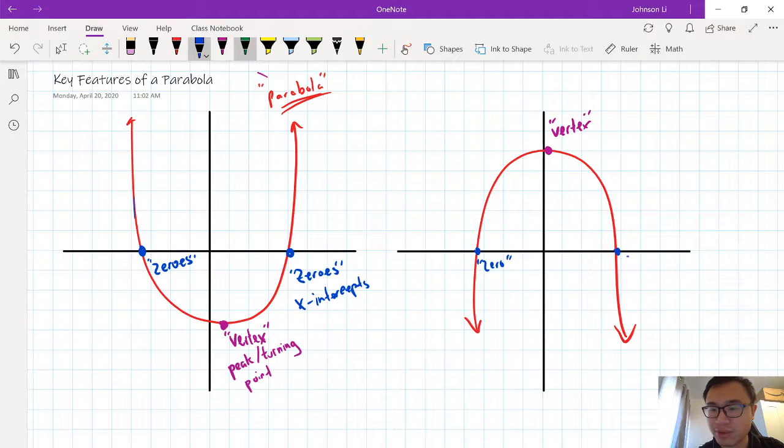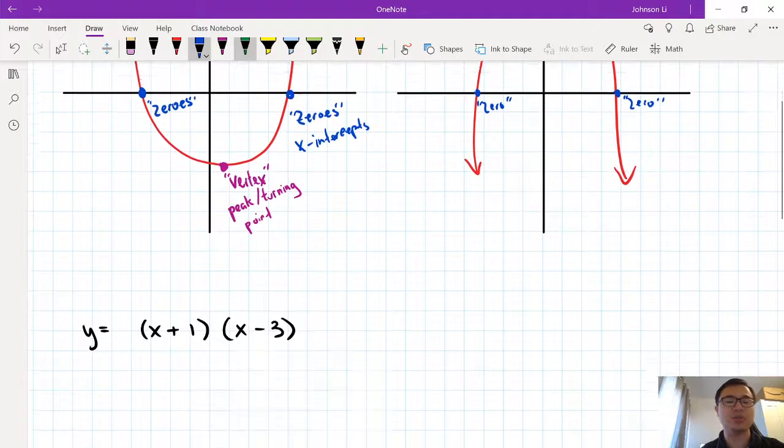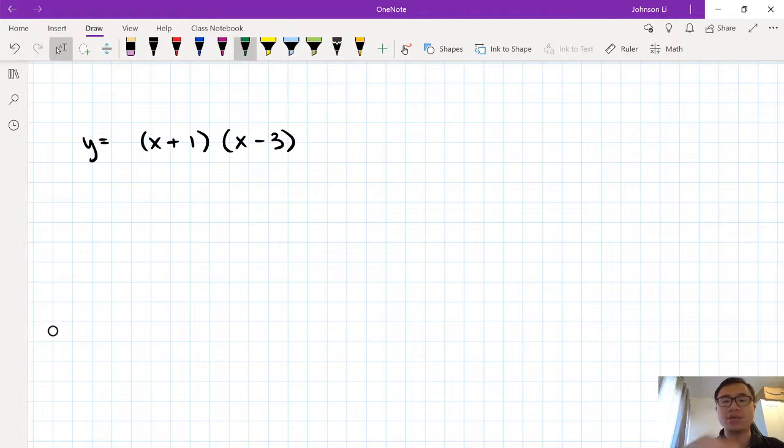And we have another 0 here as well, because it touches the x-axis, okay? So we always want to figure out these 3 points when it comes to any U-shaped curve called a parabola, okay? And I'm going to teach you how to graph these particular shapes. So up until now, we've been graphing straight lines. If I give you y equals 5x plus 3, you know now how to graph straight lines, right?